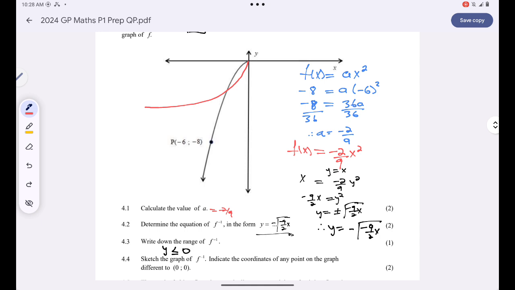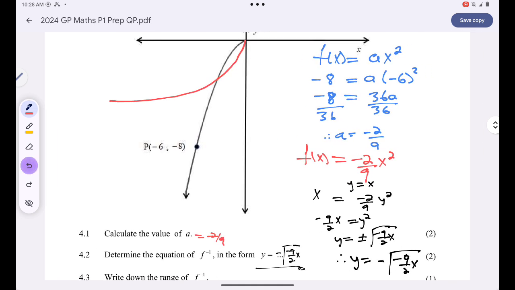Will simply be drawn like that. And for me to find a different point, I'll simply choose x to be equal to -1. Yeah, just choose anything there, guys.